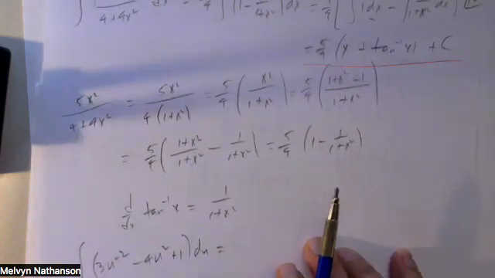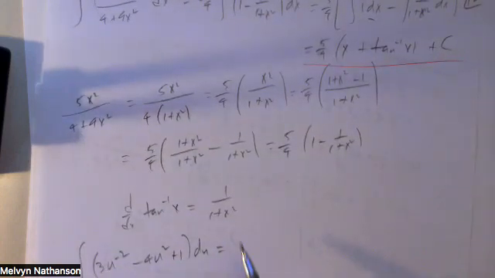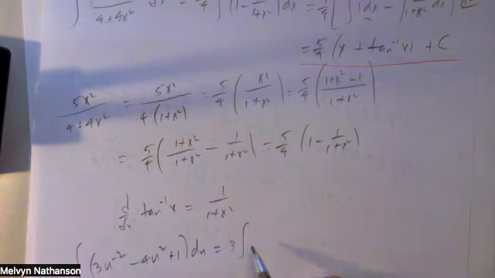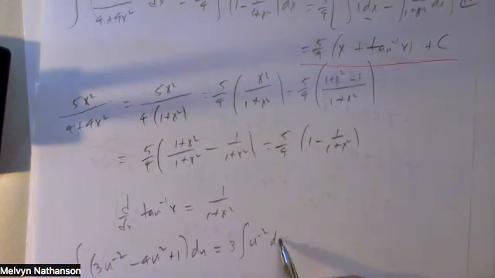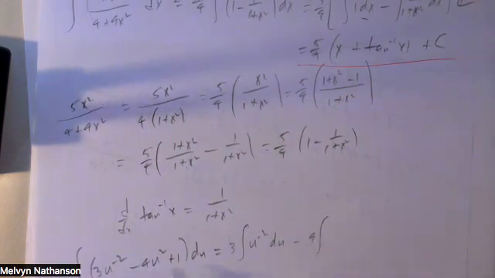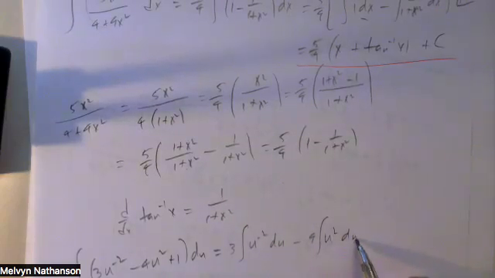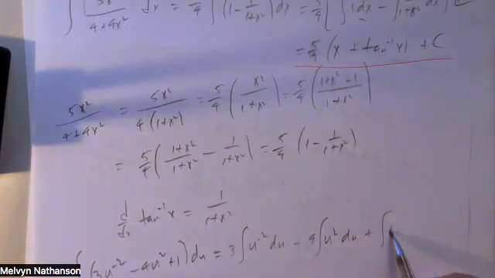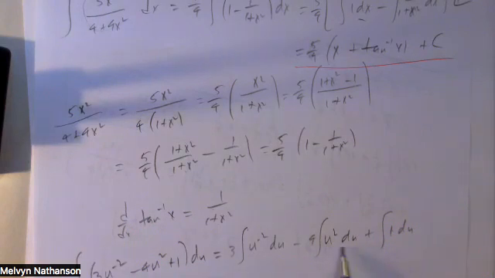Using the constant multiplier rule and the addition rule, this is 3 times the integral of u to the minus 2 du minus 4 times the integral of u squared du plus the integral of 1 du. And these are all powers of u, so I know how to integrate that.